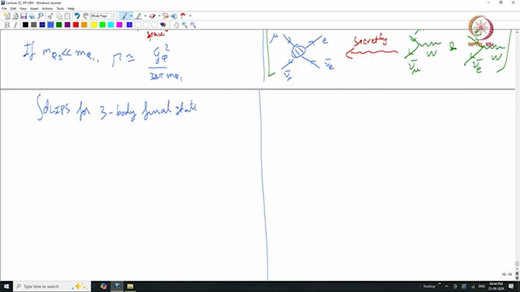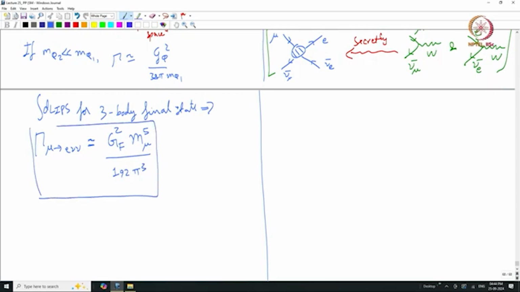But all said and done, we are going to get an expression that makes sense once we look for the sense making bits. It will look like this: m_mu to the 5, then there is a 192 pi cubed.